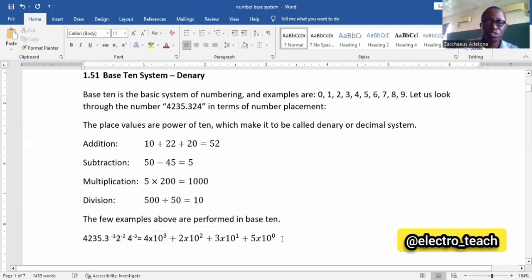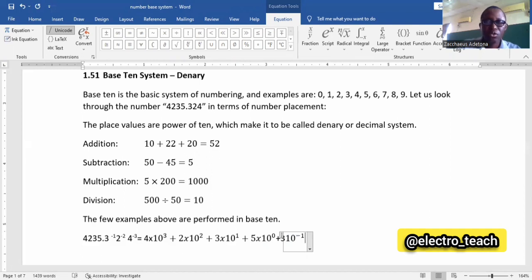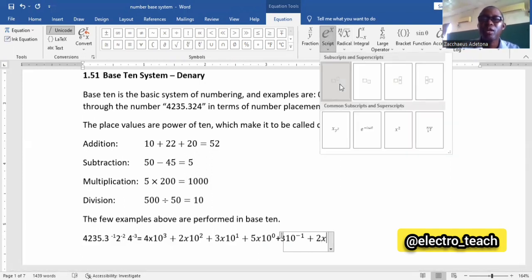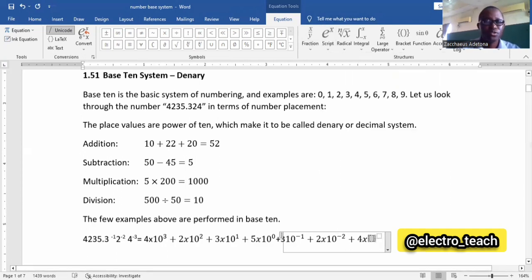So you can now add those to the whole number part: plus 3 multiplied by the base 10 raised to power minus 1, plus 2 multiplied by the base 10 raised to power minus 2, plus 5 times the base 10 raised to power minus 3.